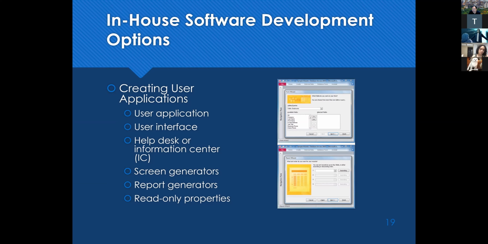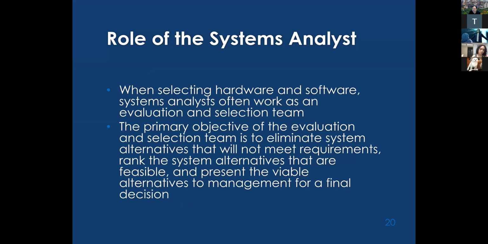Okay, so apart from in-house software development, right now you have to think that you are the middle person. You still work as the system analyst in this role. In this course, let's assume that we are the system analyst.